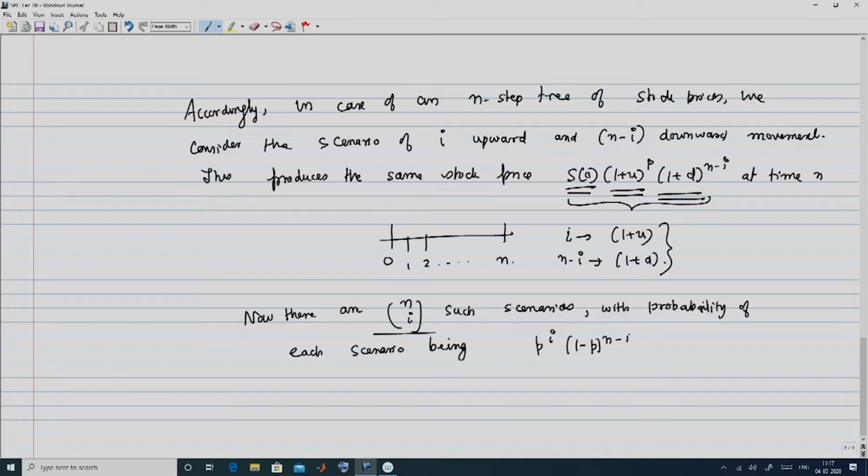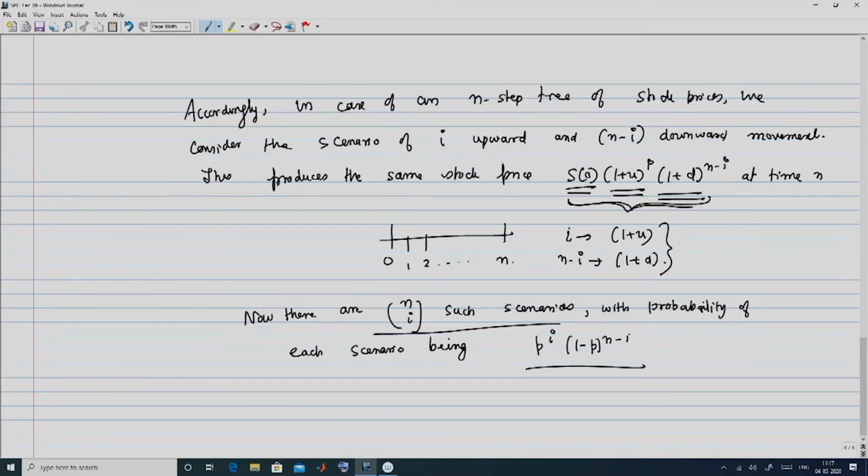So, that means that there are n such scenarios with the probability of each scenario being p raised to i into 1 minus p raised to n minus i. So, now we have both the identifiers as far as the stock price S of n is concerned. We know what is going to be the stock price, and we also know what is going to be the corresponding probability.